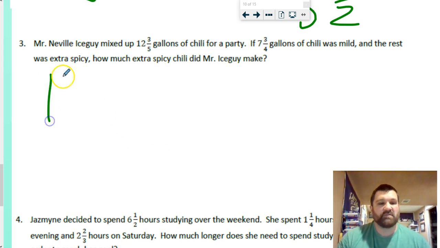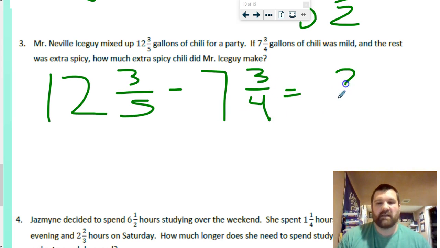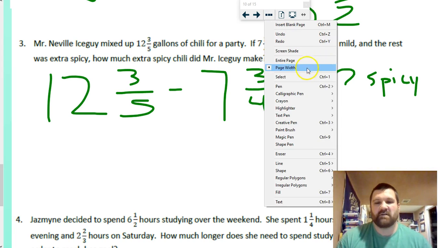So we know that we made 12 3/5. We do know that 7 3/4 of it was mild, and the rest was spicy. Okay, so we want to find out what the spicy is. So pause and solve.